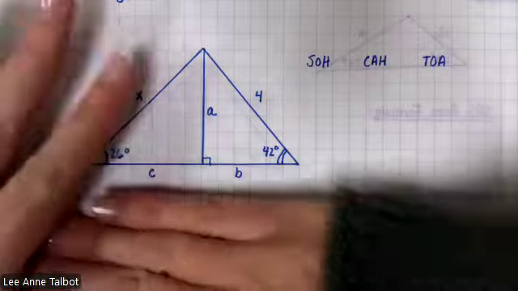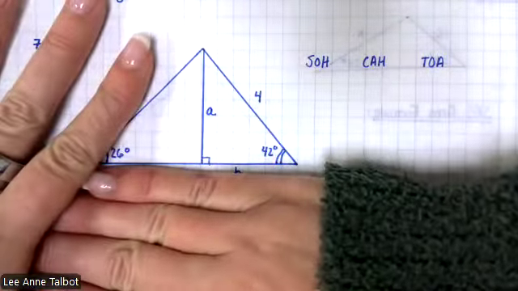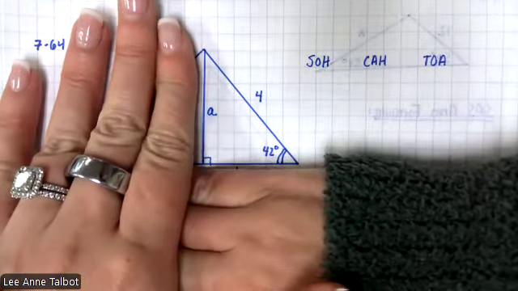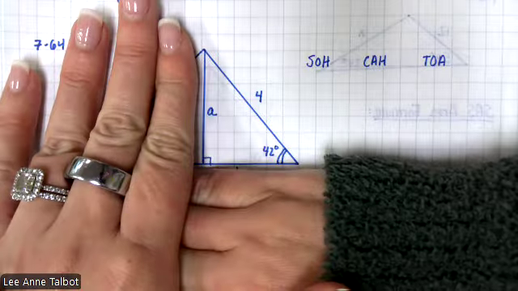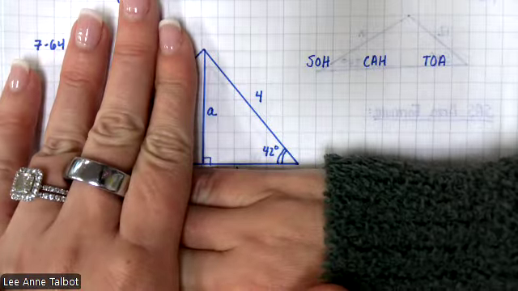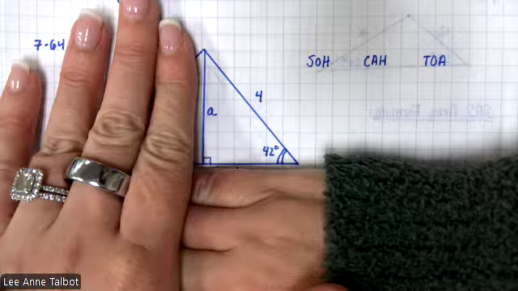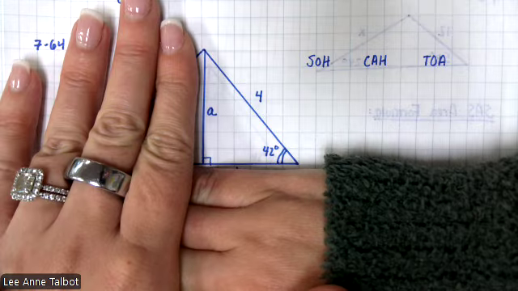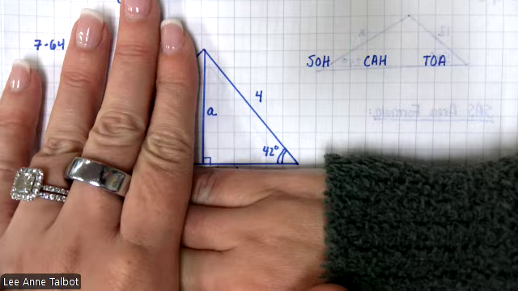So I'm going to make this easier for you by doing this. Just look here. Which trig function do I need to solve for A? Sine, cosine, or tangent? No, sine.